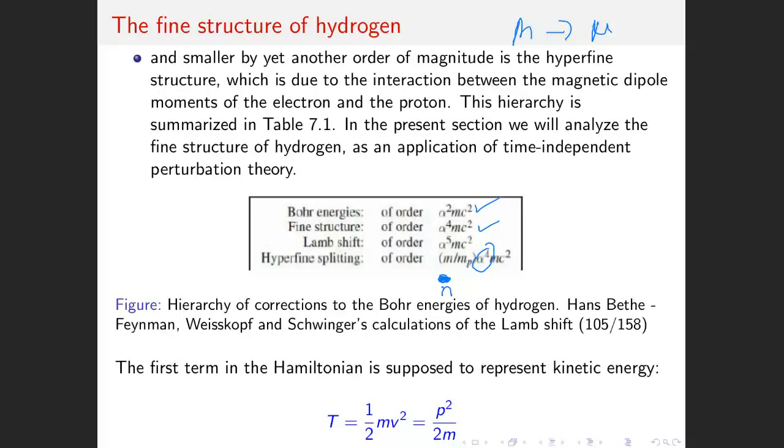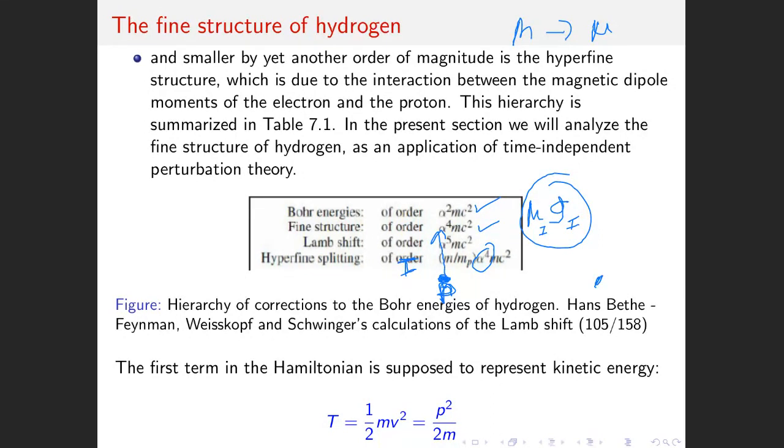But the nucleus also has a magnetic moment. If it was only the proton, it also has a magnetic moment. It also has a g factor, so it has mu_I and g_I, and so it will also set up a magnetic field that will be felt by the electron.